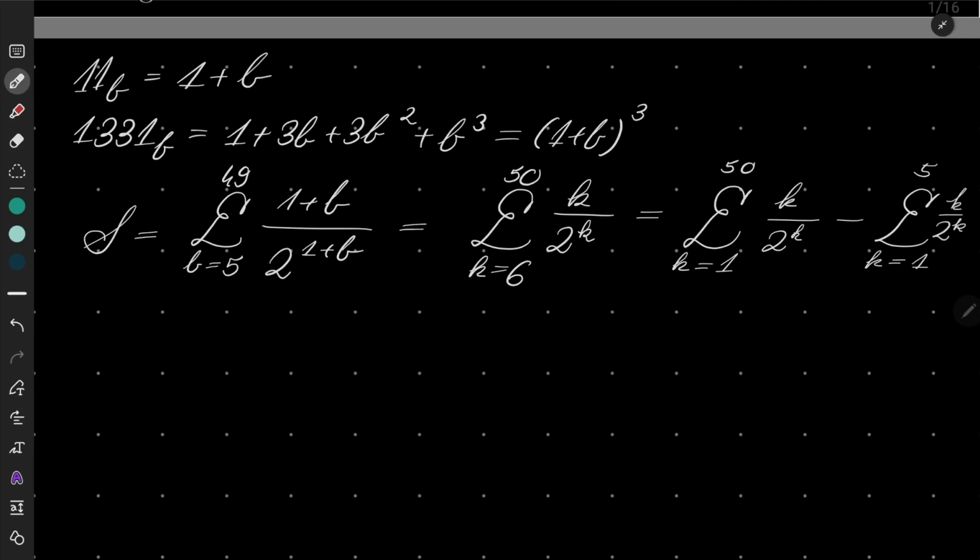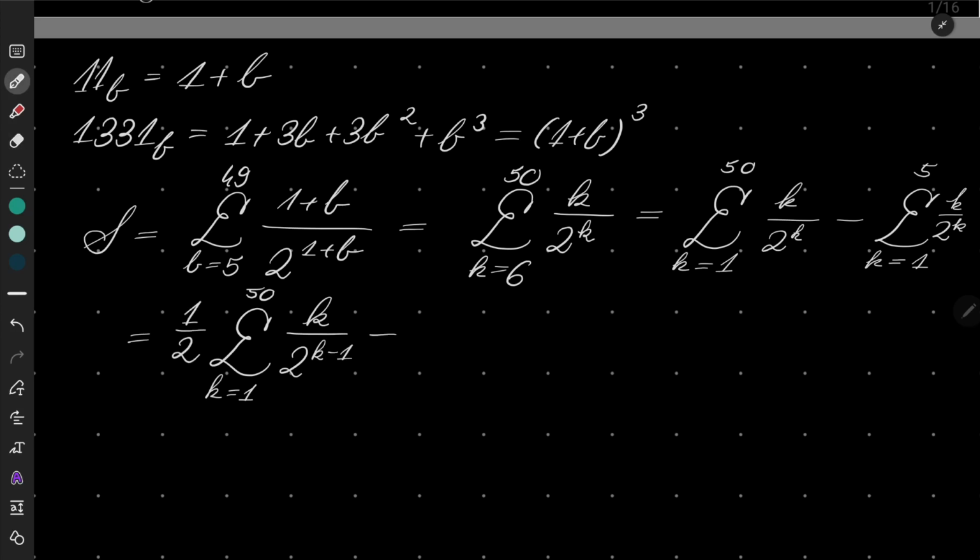Now, the first sum is problematic. I will write it in the following way, and you shall see in a moment why: the sum over k from 1 up to 50 of k times (1/2) to the power k minus 1, with a factor of 1/2 in front.